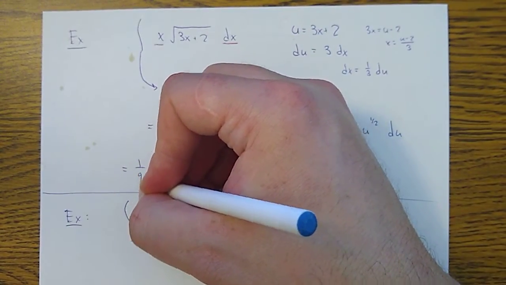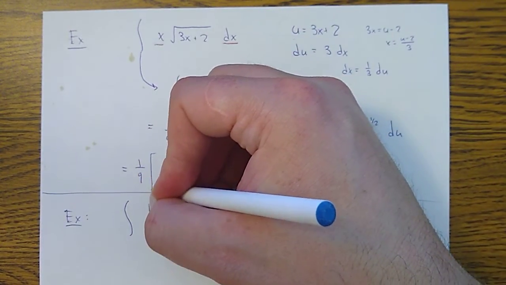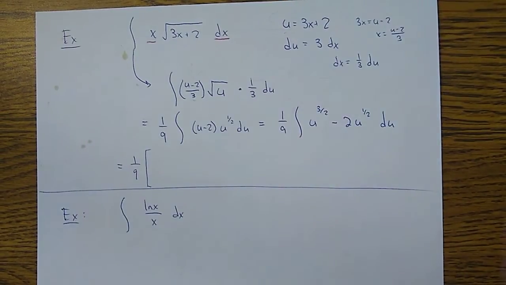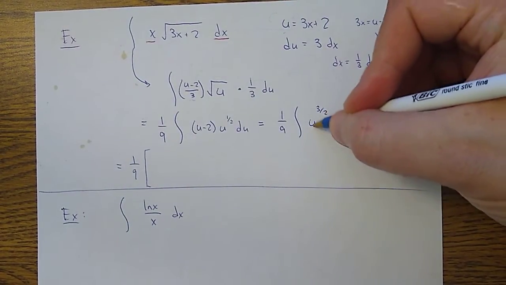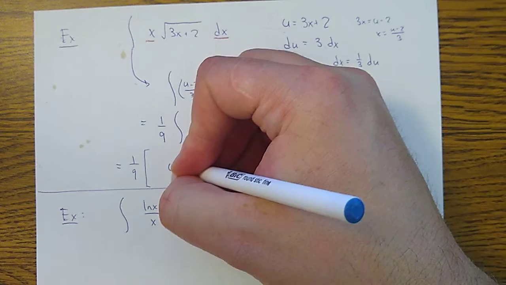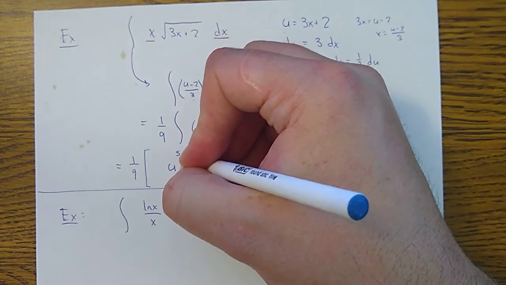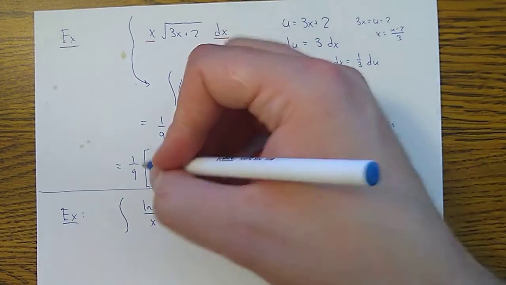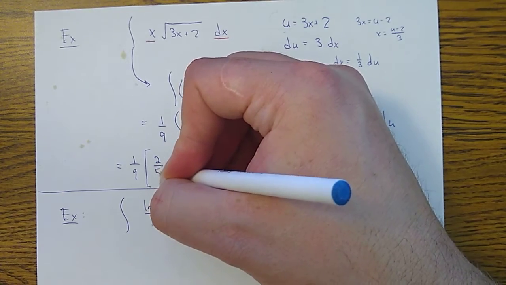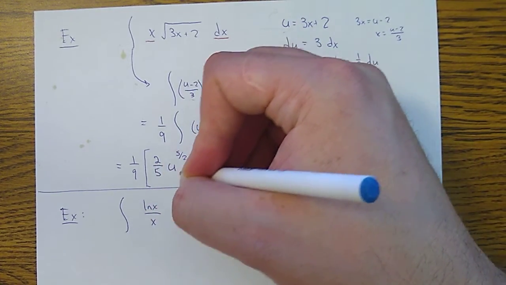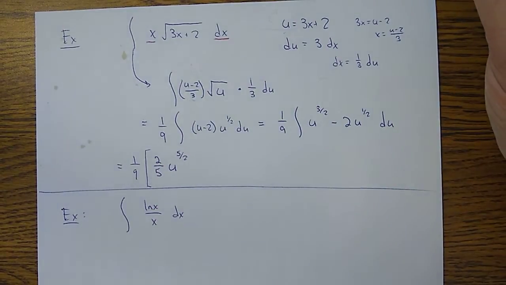Now I can use my standard power rules here. This is 1/9. Let me put brackets so I remember to distribute everything. This one would be u to the 5/2, and then I'm supposed to divide by 5/2, but let me take a shortcut, and instead of dividing by 5/2, I'll multiply by 2/5.